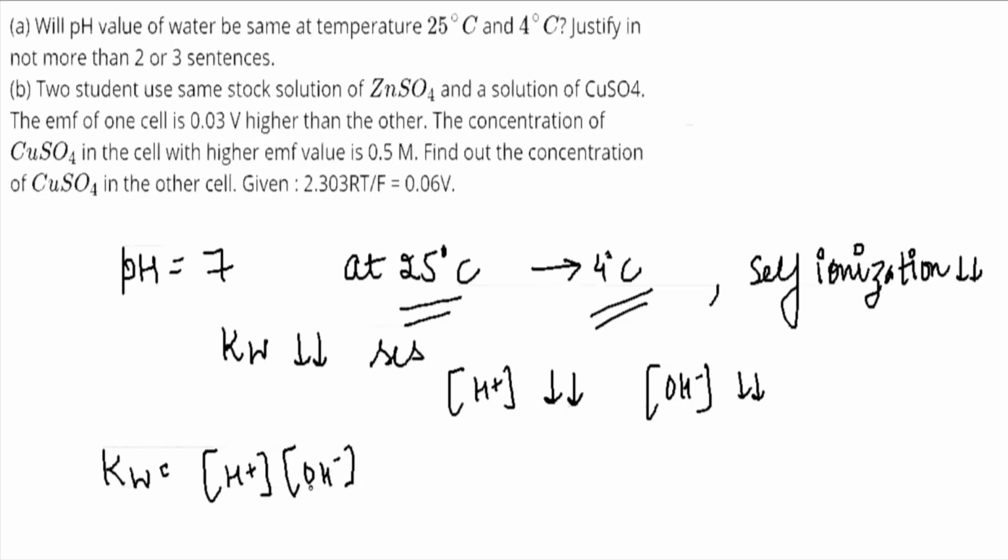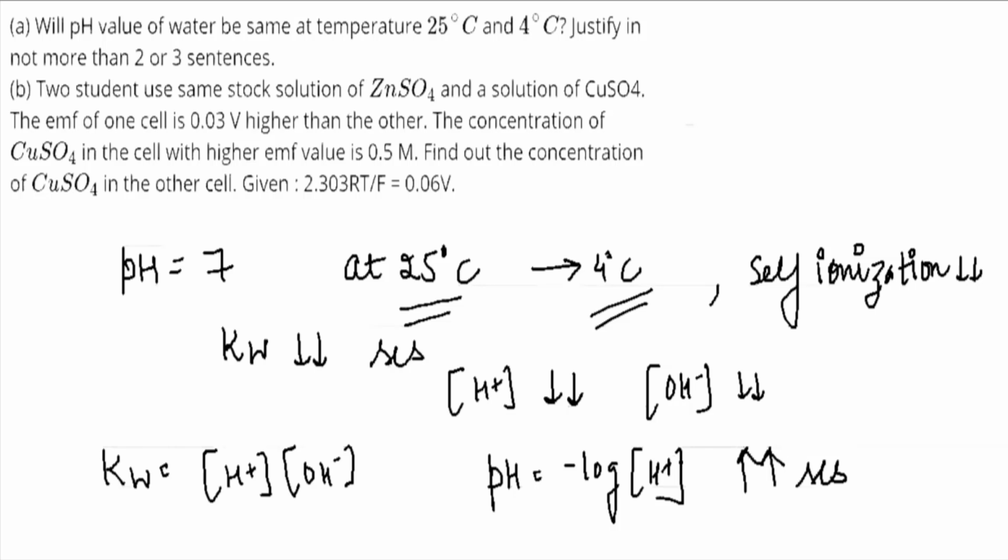We know that pH is equal to minus log of H plus, so pH is inversely related to the H plus ion concentration. When the H plus concentration decreases, the pH of the solution will increase.